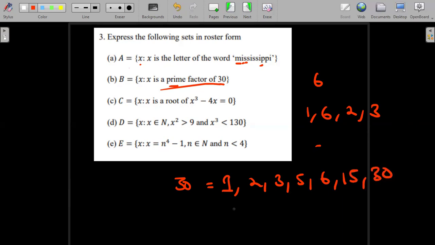So now when we look at these here that we've listed, you identify which ones now are prime. So we know that prime numbers start from 2 going up to infinity, and they are numbers that are divisible by 1 and itself. So as I can see here, 2 is divisible by what?